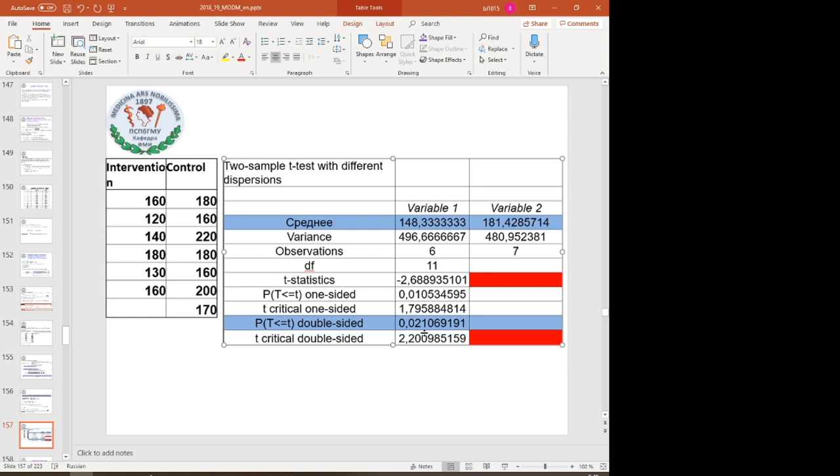So we use old style considerations when we compare the experimental value of the t-statistic by its absolute value with the critical value of the t-statistic.